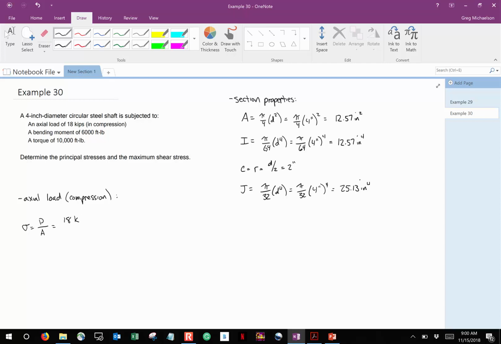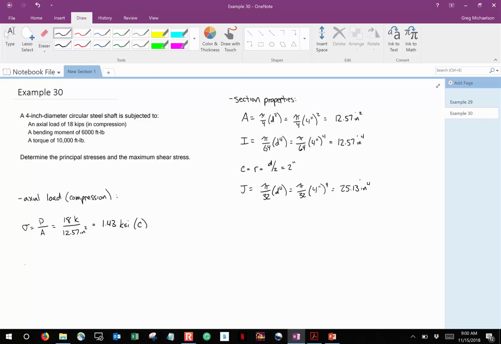So that's 18 kips divided by 12.57 inches squared. So plug and chug, and we get 1.43 KSI, and that is in compression, so I'm going to indicate that as such.